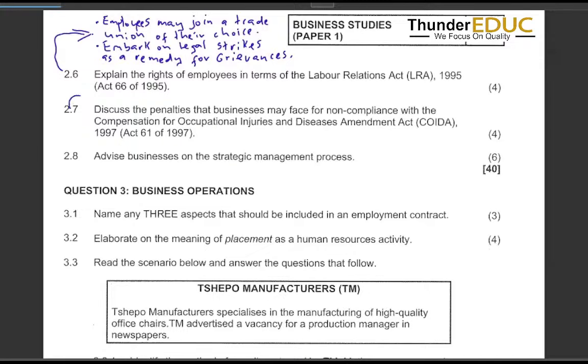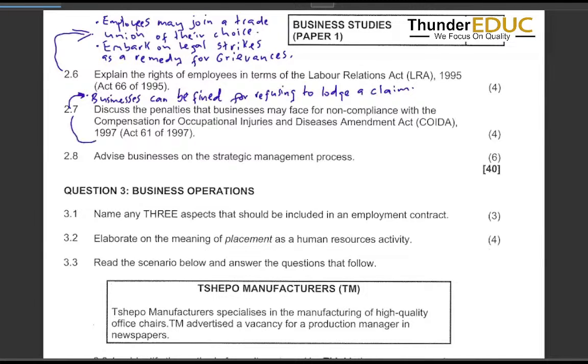So now we are actually saying that businesses can be fined for refusing to lodge a claim.